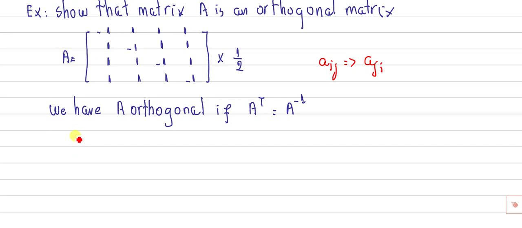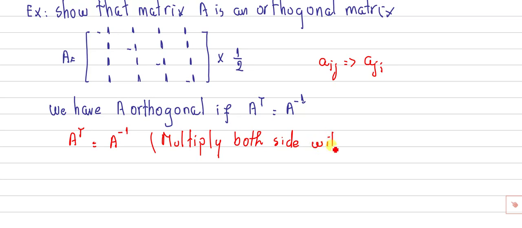The easy way is to write A transpose is equal to inverse of A. So I just multiply both sides with A. So we have A and A transpose equal to A and inverse of A. But we have A and inverse A is equal to the identity matrix.